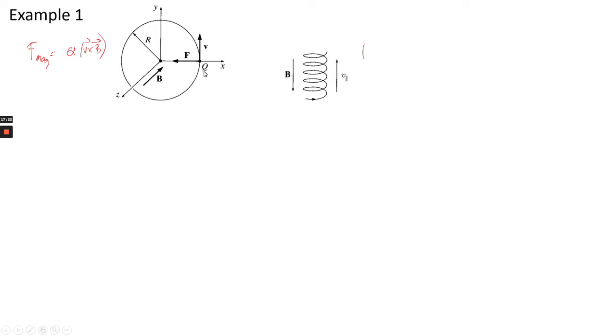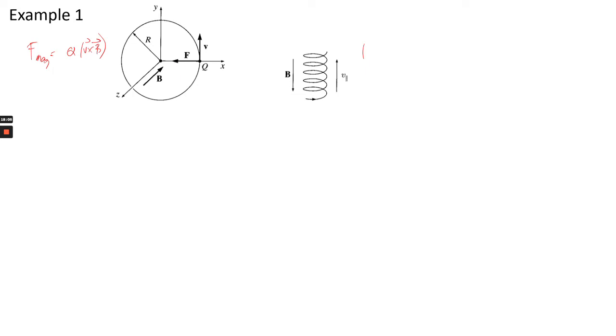If you use your right hand rule to get the force, your four fingers should point in the direction of the charge's velocity, then curl your four fingers towards the direction of the magnetic field. And your thumb would be the direction of the force. Okay, in this direction. Inwards.